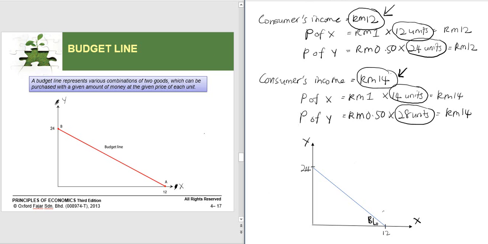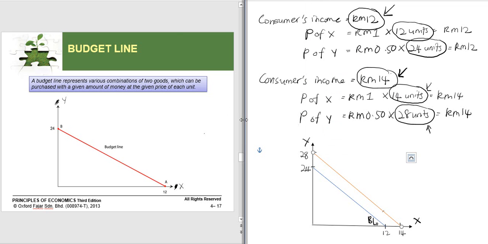And when the consumer's income is 14 ringgit, the amount of X that the consumer can buy is 14 units, which is here, and the amount of Y is 28 units here. So you draw another line from here to here, which should be parallel, and you label it as BL1.